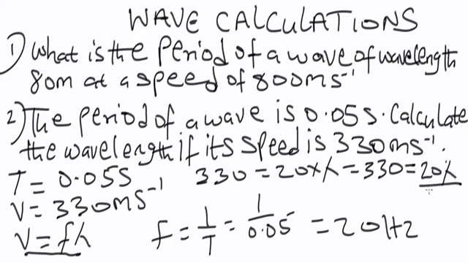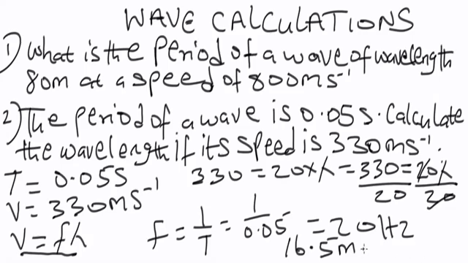So divide both sides by 20. 330 divided by 20 is going to give us 16.5 meter, and this will be the answer, 16.5 meter. Let's wipe this now and solve one more example, and after it we can call it a class.